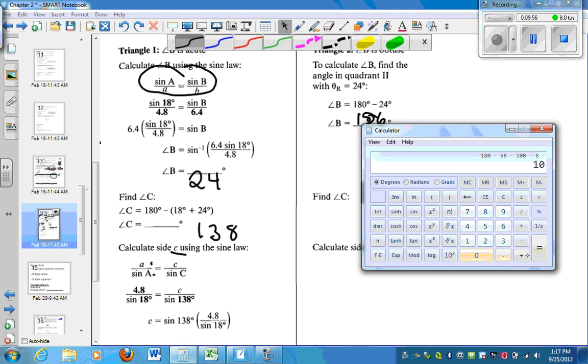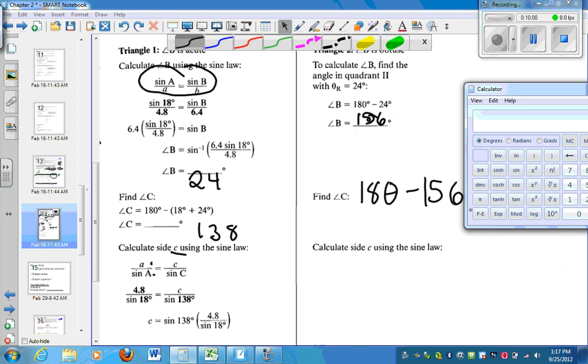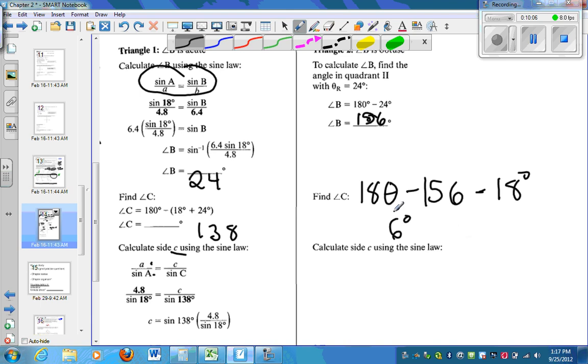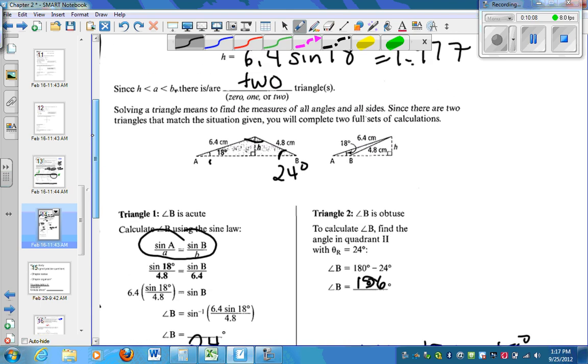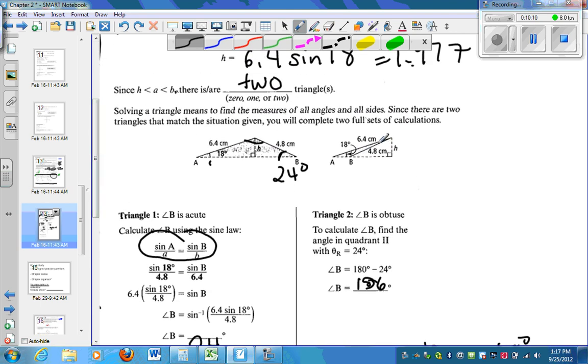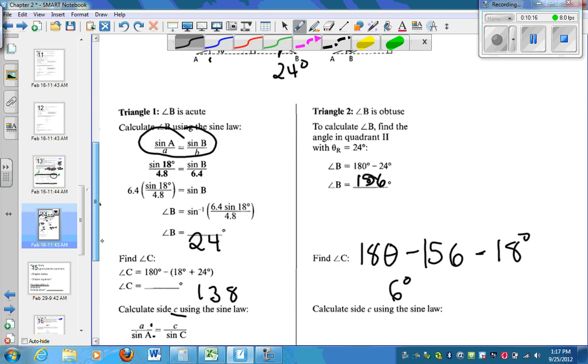My 1 button doesn't work. Okay, so I'm left with 6 degrees. And that makes sense. It's just tiny.